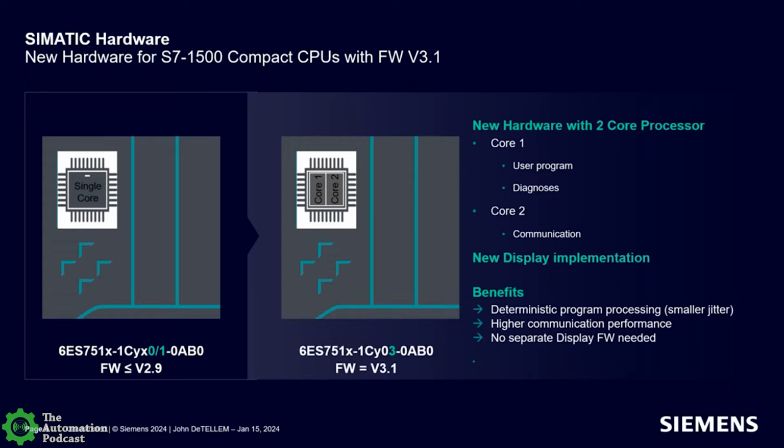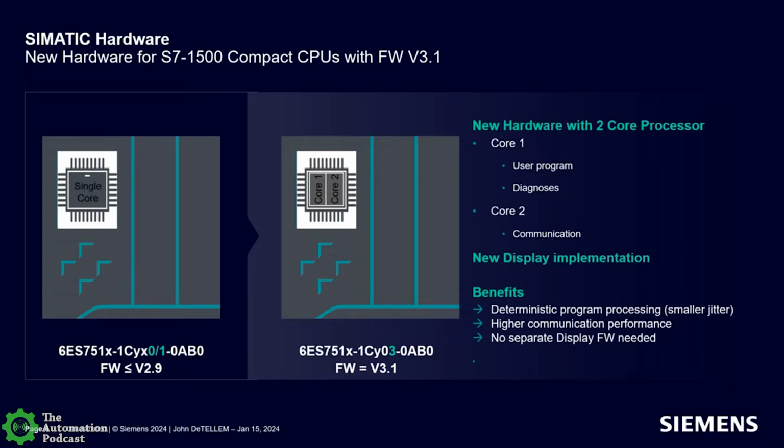And this is just the business of the way that communications and data has been driven out of the PLC and out of the automation world into all these other digitalization topics, that it kind of came to play that we needed to ensure that there was still power and performance for the execution of the program code. So that's in core one of the processor, and then we split out all that communications, pulling data out, and put that in core two. So this was done in v18 in the first phase, and now it's being introduced in v19 in the second phase, and there'll be a couple of other controller performance enhancements in the v20, which comes out later this year.